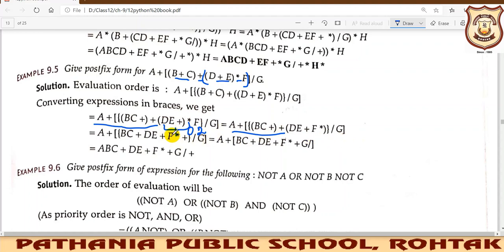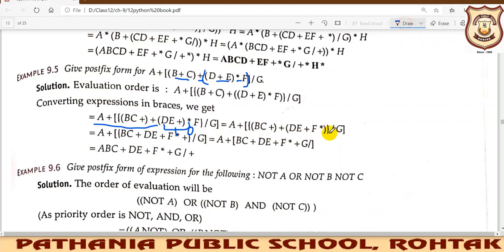So DE plus is the first operand, the second operand is F, and this is your operator. I hope it is also clear. Now what will you solve? This part or this part? We will go with this part. Why? Because division has more precedence power. So now what will be there?